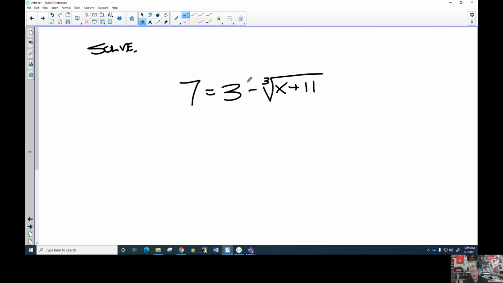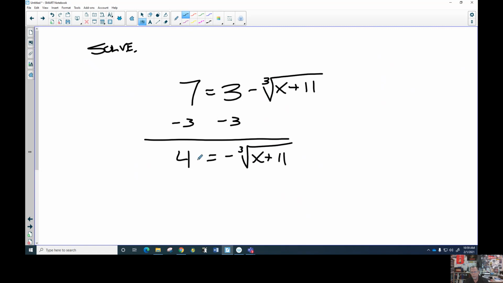So with this, again, I want to isolate the radical, so I'm subtracting 3 from each side, and I get 4 equals negative cube root of x plus 11. And again, I'll probably multiply by a negative, so I get negative 4 equals the cube root of x plus 11. And now we need to eliminate. We've isolated it. We're going to eliminate it by taking to the 3rd power both sides.